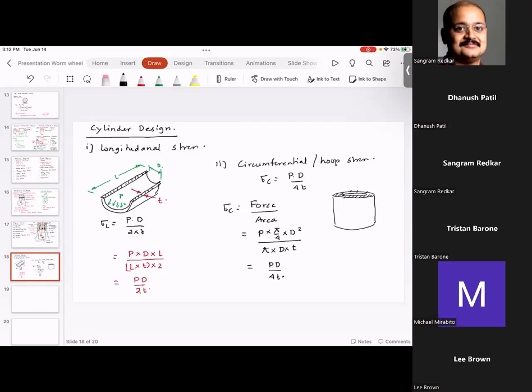So with this, you can actually look at the longitudinal stresses or circumferential stresses.